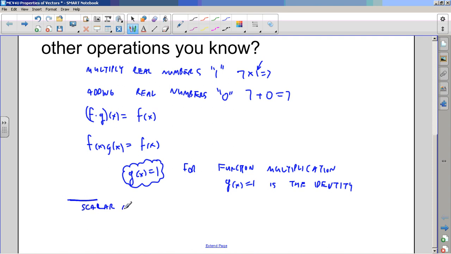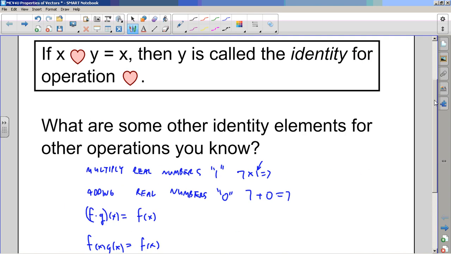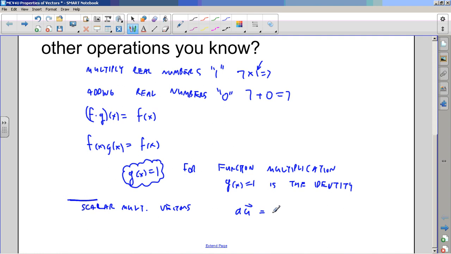Scalar multiplication for vectors. Well, we remember that a scalar multiple of a vector is just a times that vector. But if we had the operation heart, we got something heart u, and that answer is u. Well, what does this scalar have to be? The scalar equals 1. So for scalar multiplication, the identity is 1.